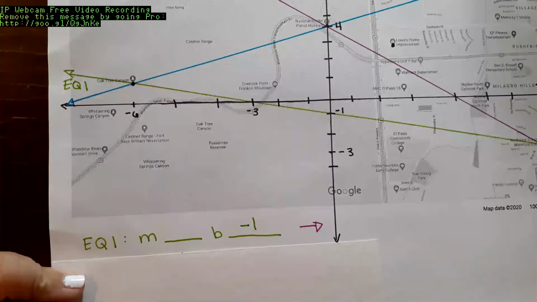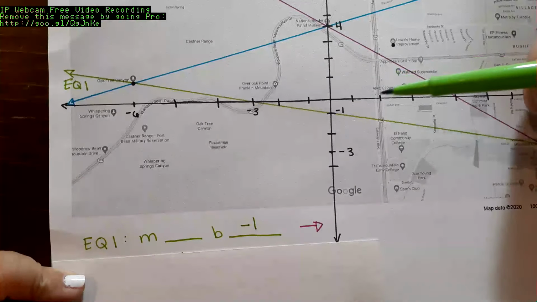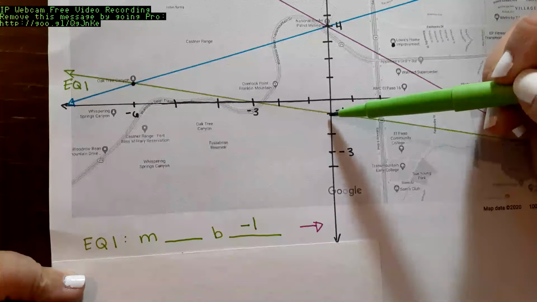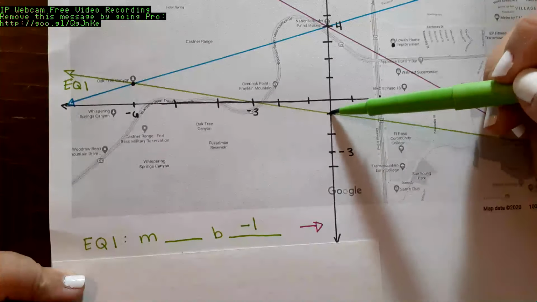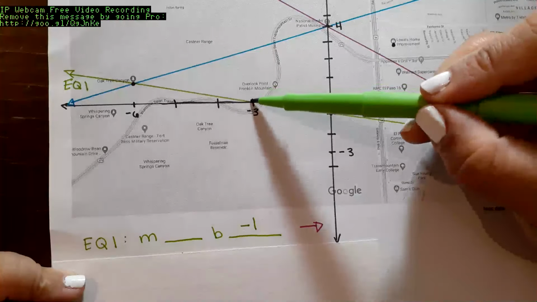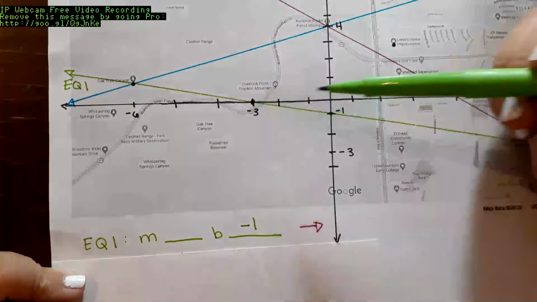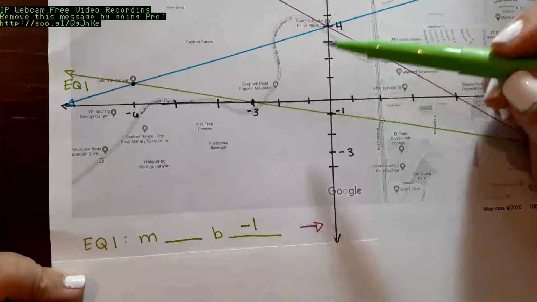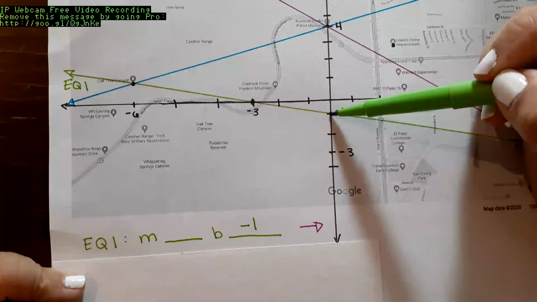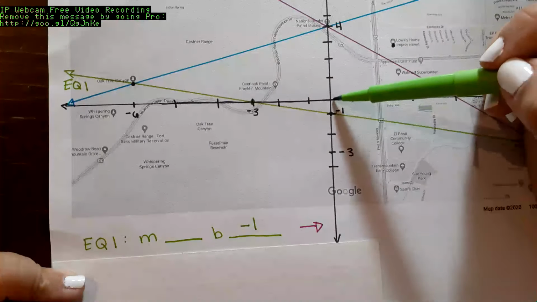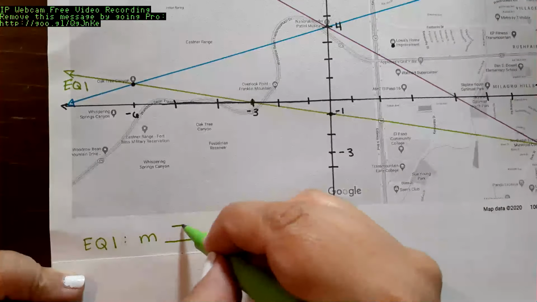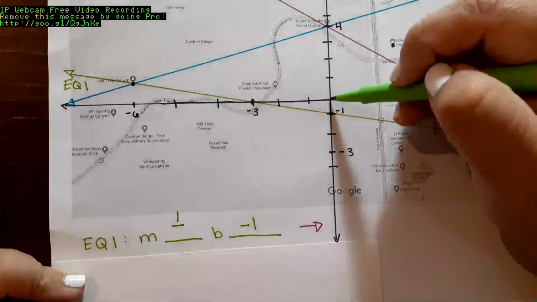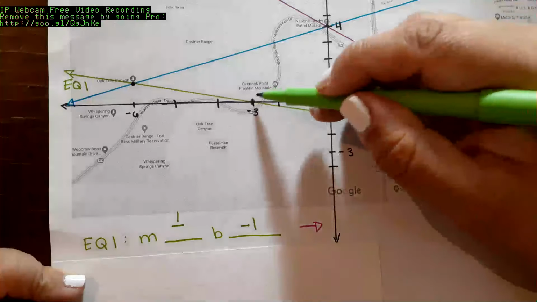For my slope, remember your slope is rise over run. I'm going to go from this point over to this point, because it lands right on -3, right on the dot. I rise 1 and I run 1, 2, 3.